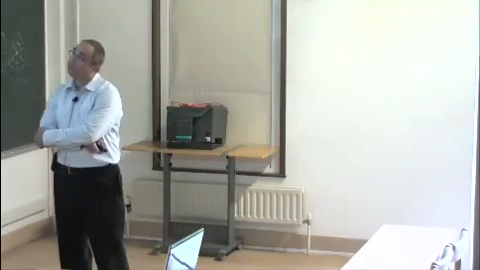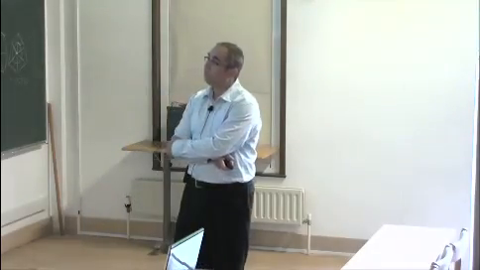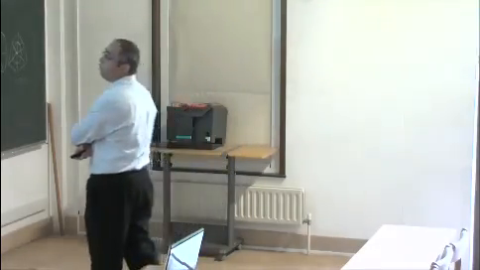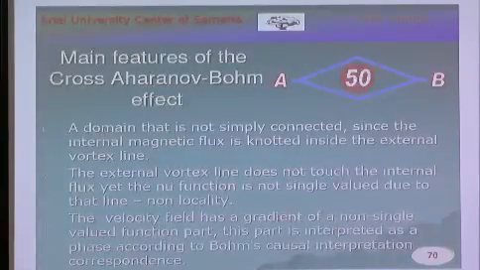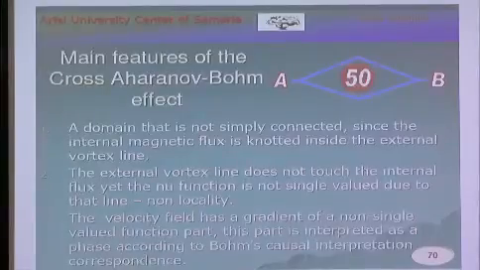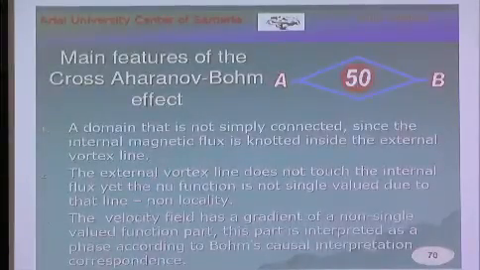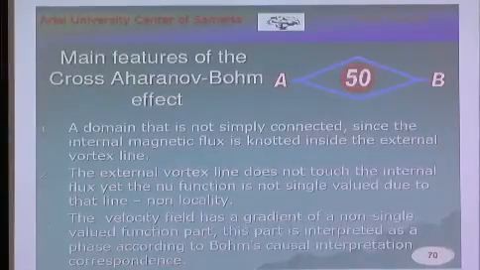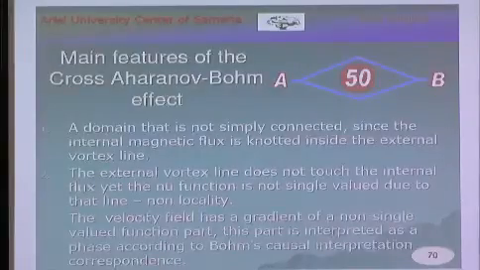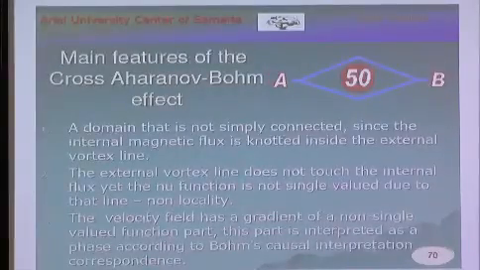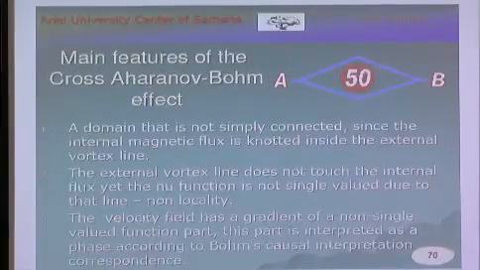The external vortex line does not touch the internal flux. Yet the nu function is not single valued due to that line. So this is a kind of topological non-locality. And the velocity field has a gradient of a non-single valued function part. And this part can be interpreted as a phase according to Bohm's causal interpretation correspondence.